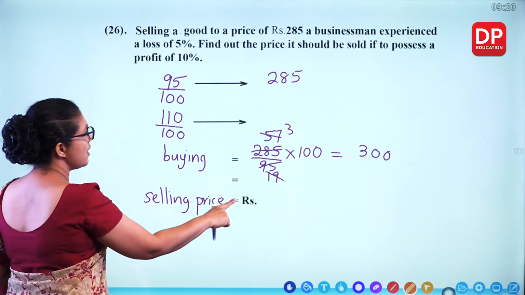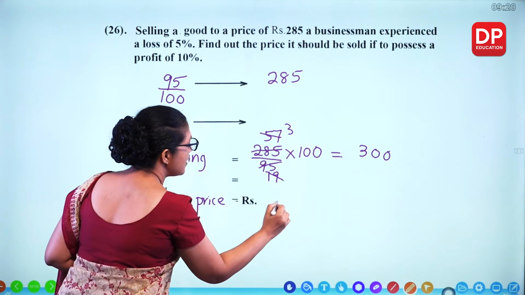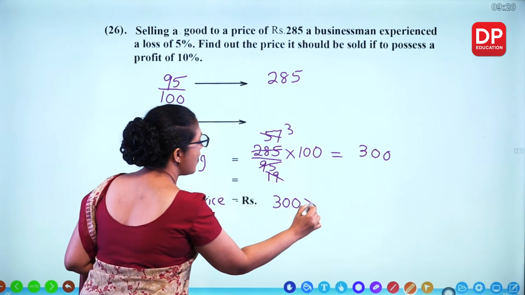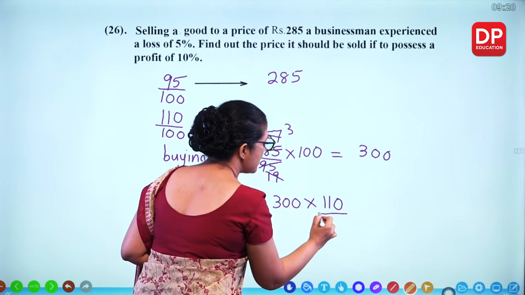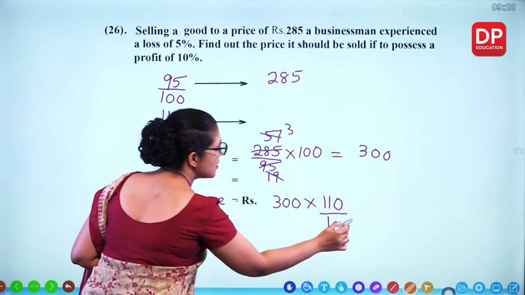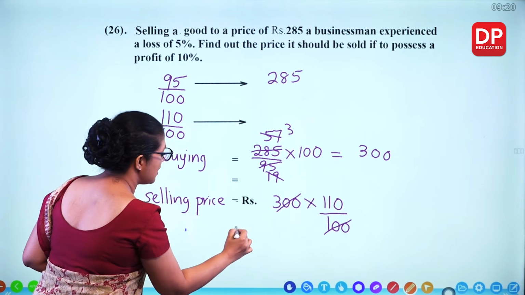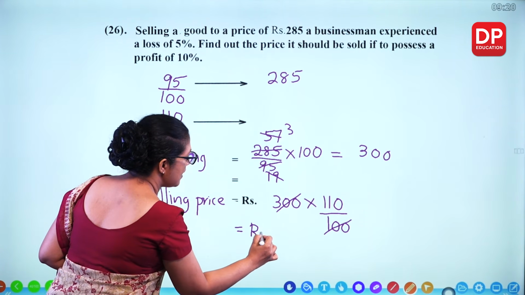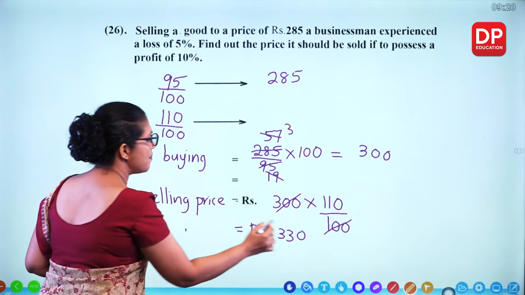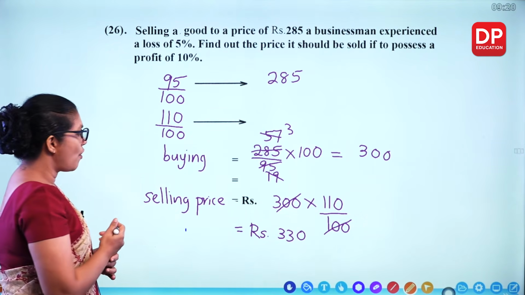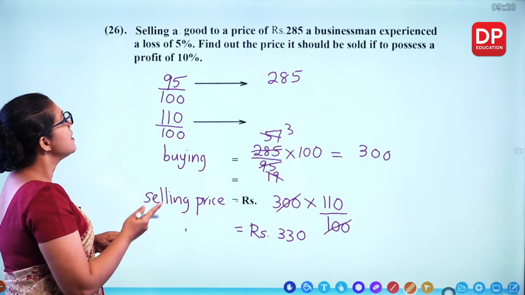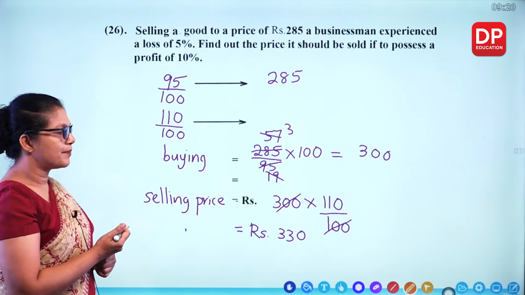Selling price should be, so 300 is the buying price, and then to get 110 profit, you multiply by 110 over 100. So, you get multiply by 3, 3, 3, 0. So, that means sell it for 330 rupees to get the 10% profit.